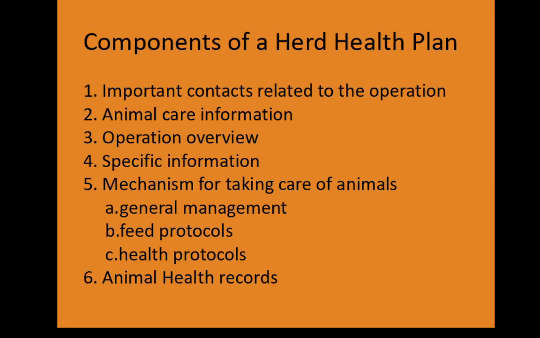And then next is health protocols under mechanism for taking care of animals. This should include vaccination schedules, bedding, housing, as well as treatment protocols. And then animal health records. Okay, so for this, we need to have information on changes to feed, when it was changed, what it was changed to, and the date of the administration of a particular medication.